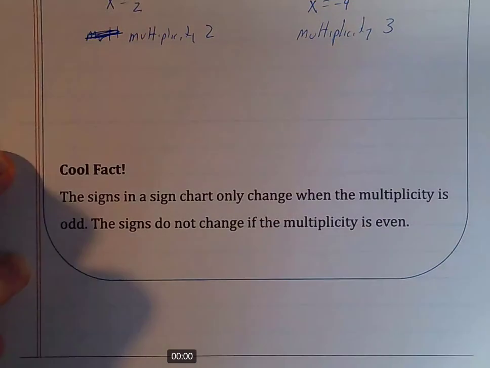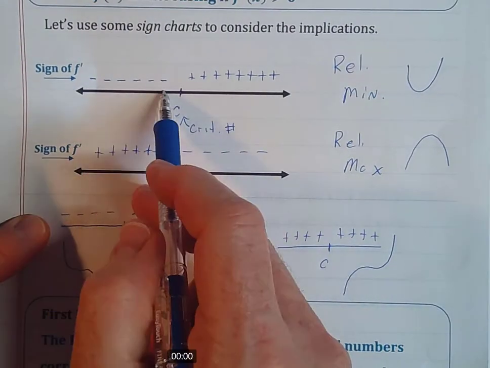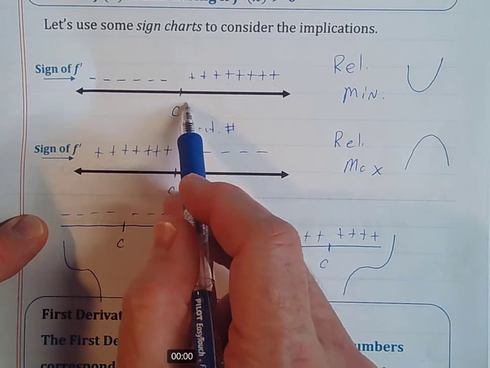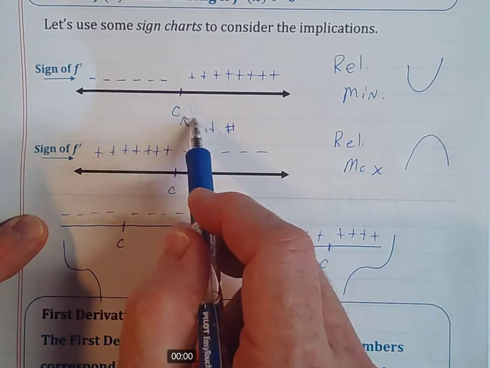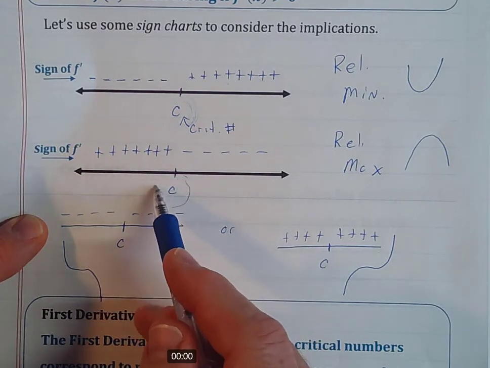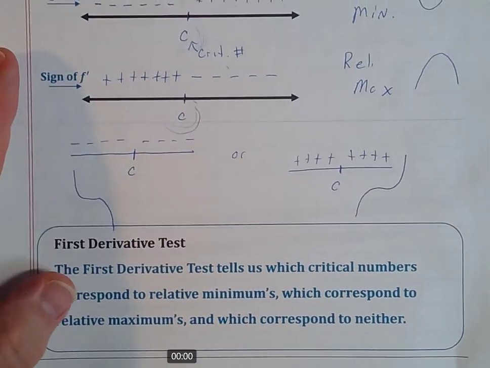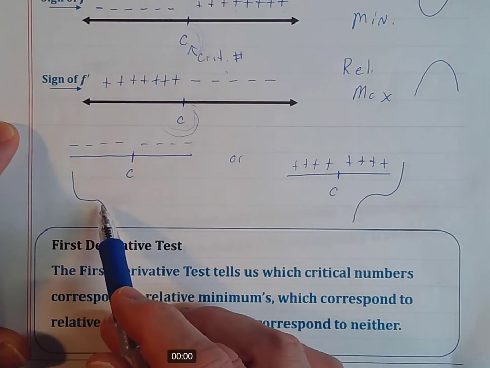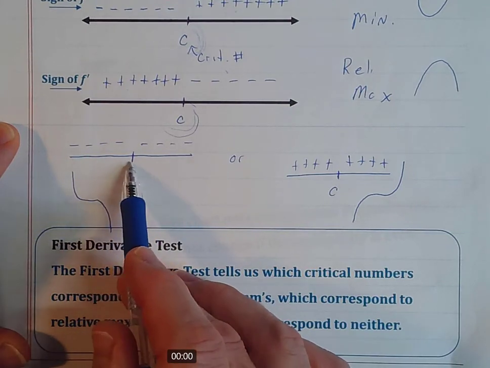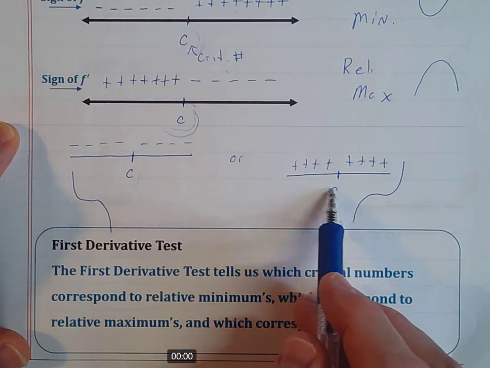So when we look back at these sign charts, if negatives turn to positives and the sign changes, that means the multiplicity at that critical number was odd. The same thing here, because these signs are changing. However, in these cases where we don't get relative maxes or mins, the multiplicity was even for this critical number, and the same thing here.